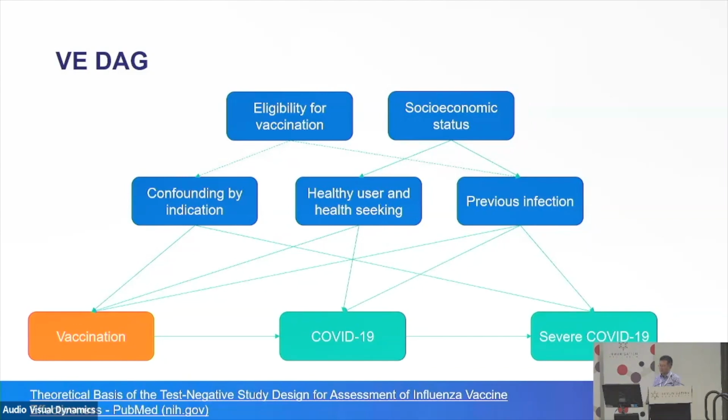The idea is that, for example, socioeconomic status per se doesn't cause severe COVID, but it's mediated by previous infection because of increased exposure, or reduced health-seeking behaviour, or deliberate policies to try and get people vaccinated. So you need to try and break those pathways, but not necessarily adjust for everything in the kitchen sink that you have.